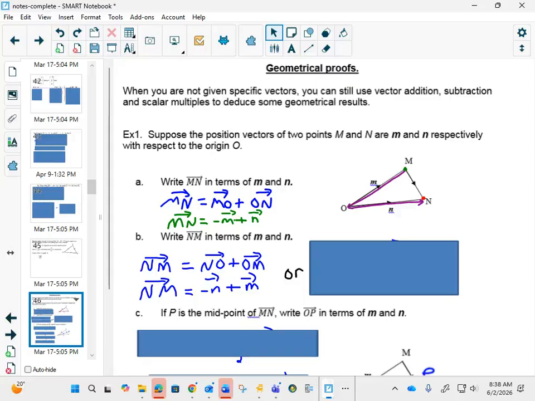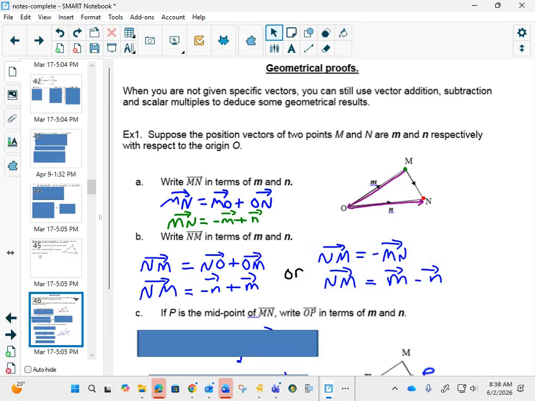Because you're going from N to M. N to M would be negative N plus M. Oh, N to M. Yeah, I see. Or you could have just taken M to N that we found to begin with and done the negative of that, which if you distribute that negative, would make the M positive and the N negative.